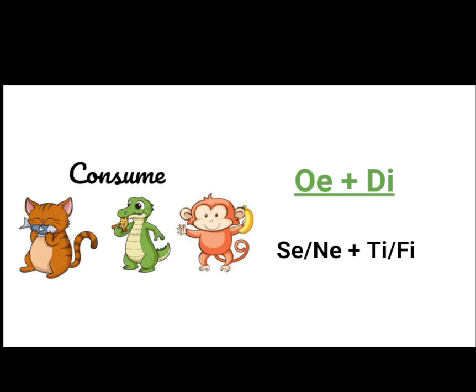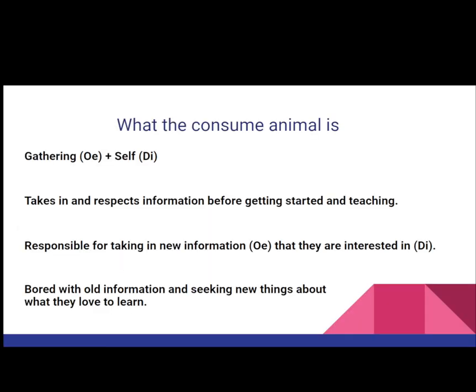Okay, now let's talk about the consume animal. The consume animal is combining extroverted observer with introverted decider. So this would be either SE or NE combining with either TI or FI. In the ISTJ, it would be the FI plus their NE working together, or in the INFJ, it would be their TI plus their SE.